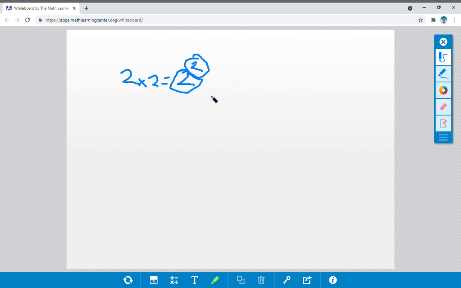So if it's, for example, 2 times 2 times 2, then it will be different, because there are three 2's. We will place 2 cubed. That's again the exponent, and this is the base.